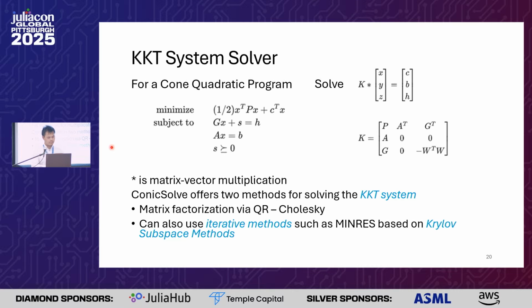Okay, so the guts of the solver is to basically solve the KKT conditions. For this quadratic program, we want to solve, given this matrix K, for these variables X, Y, and Z. We know what K is, we know what this vector is, and the way to solve this is using a sequence of operations called the QR-Cholesky, which basically does QR and Cholesky on a lot of these terms.